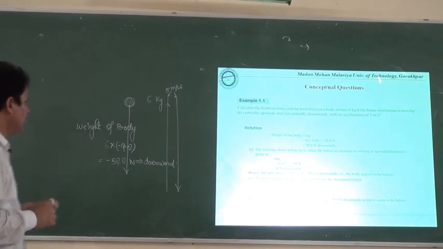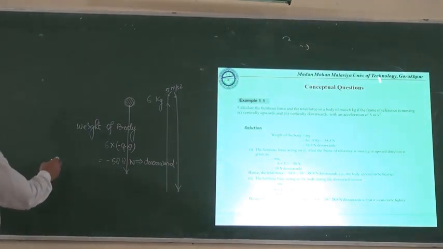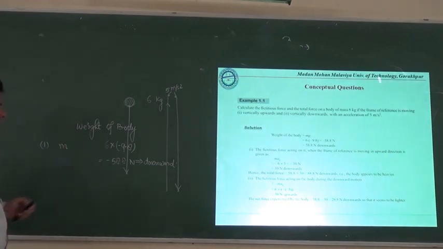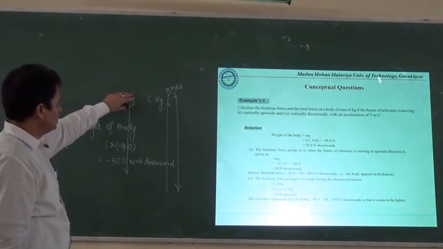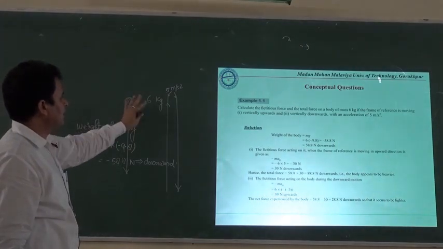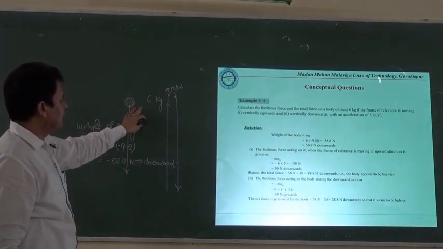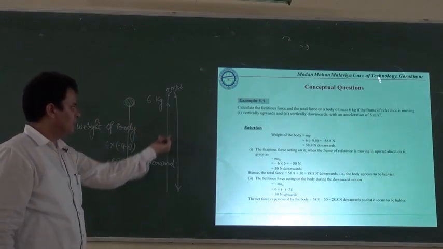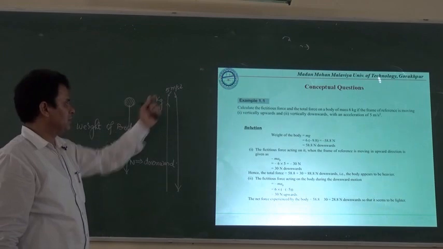Then we have the mass of this body, and the acceleration on this body under the consideration of this frame of reference which is moving in the upward direction.